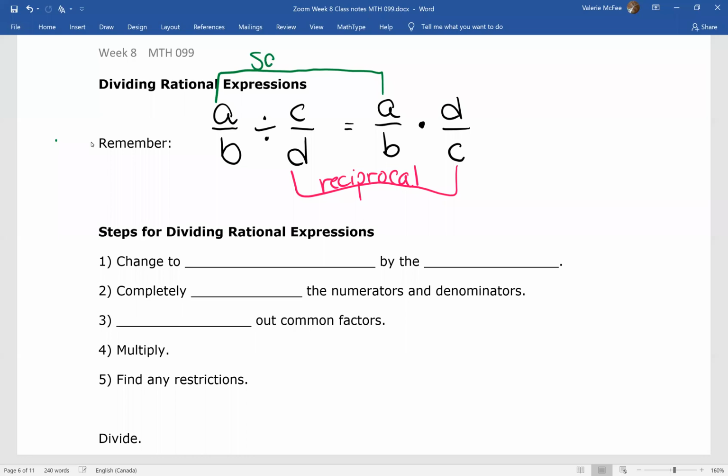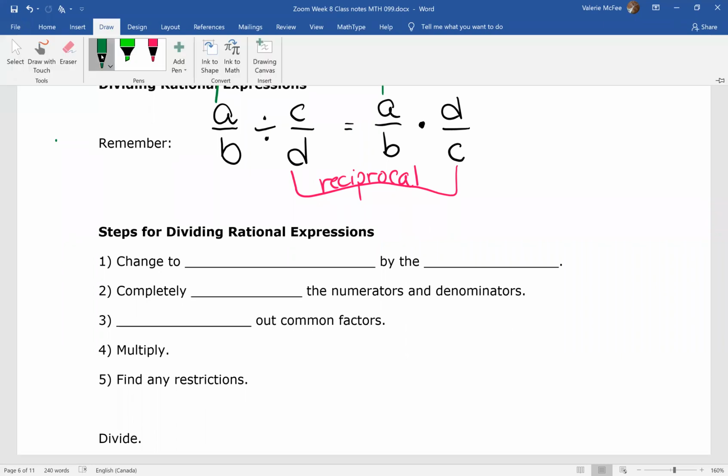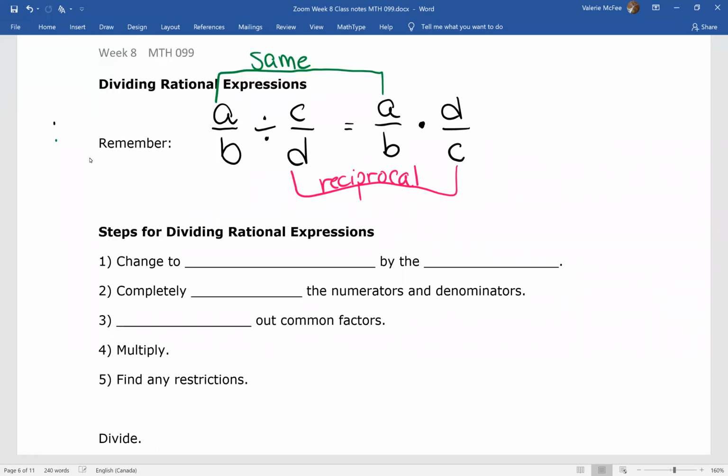So the first fraction is the same. Dividing changes to multiplying. We found the reciprocal of the second fraction. And now we just have a multiplication question. And we said in the last lecture, remembering what we did with fractions, that you just multiply numerator times numerator, denominator times denominator. And of course, we said the denominator cannot equal 0.